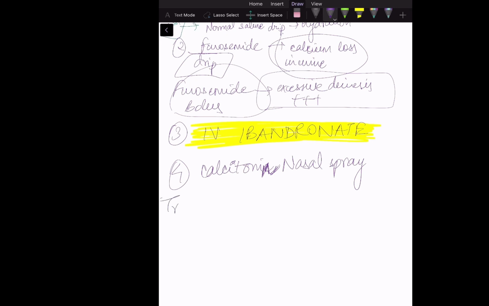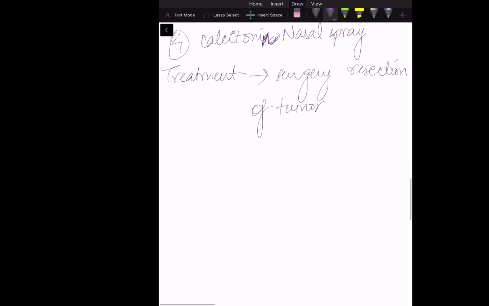For treatment, if there is a primary increase, we can do surgery, resection of the tumor.